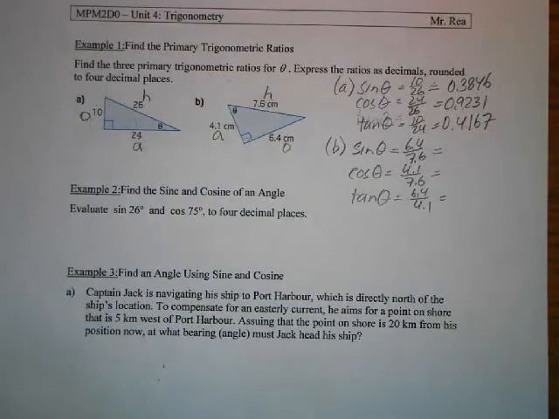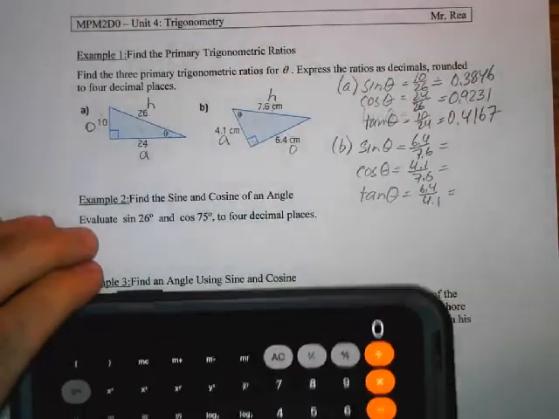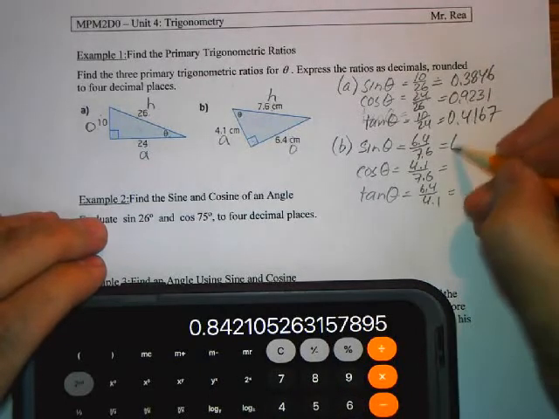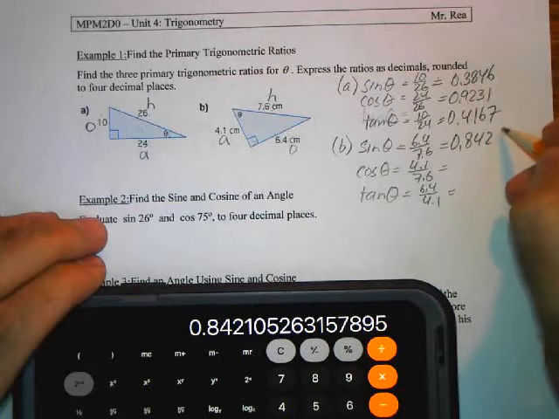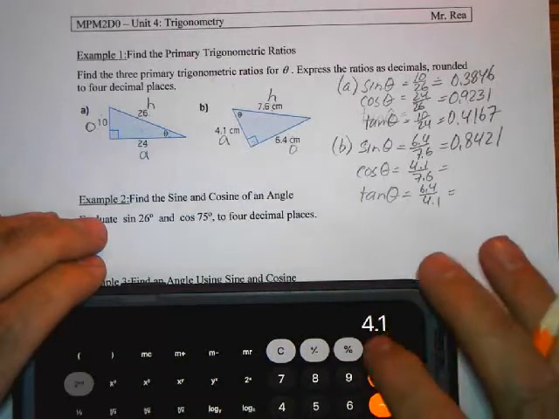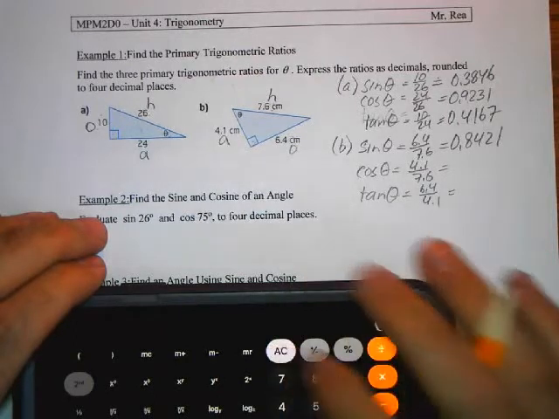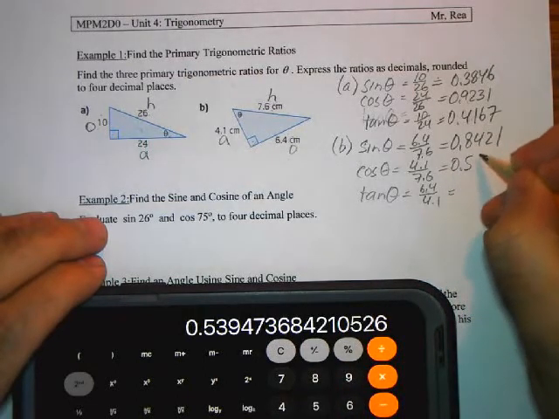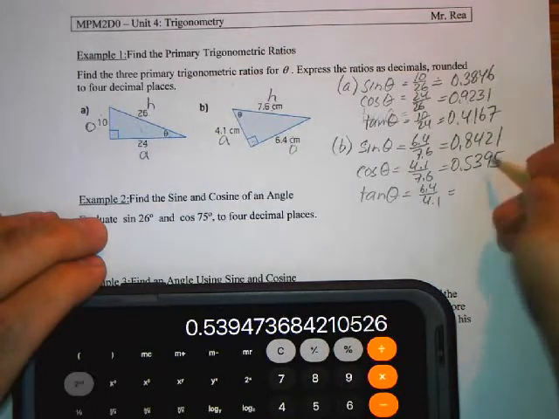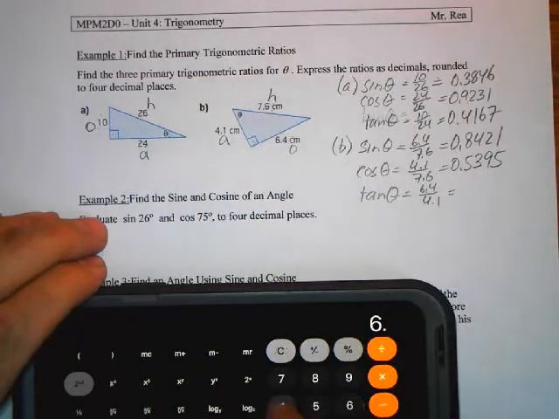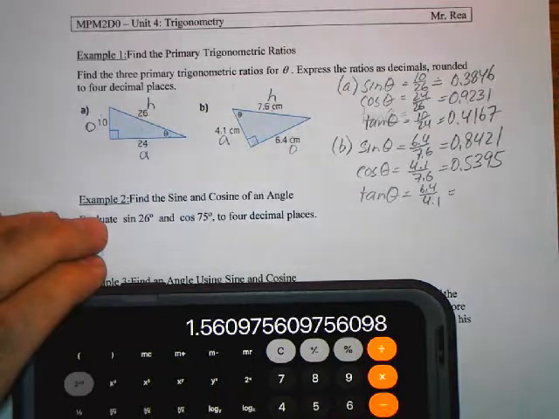Okay, so let's do some decimal equivalents. 6.4 divided by 7.6, 0.8421. 4.1 over 7.6, 0.5395, bumps that up. And then finally, tangent, 6.4 divided by 4.1, 1.56.